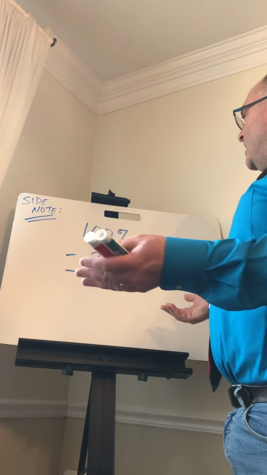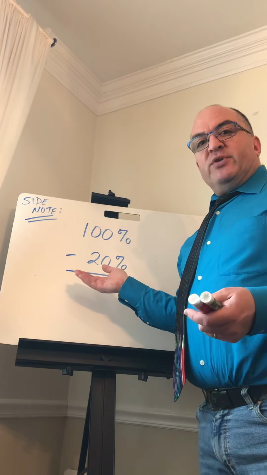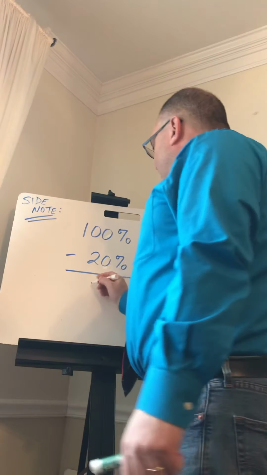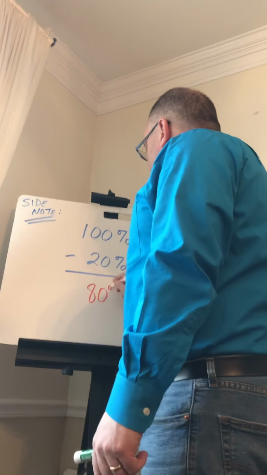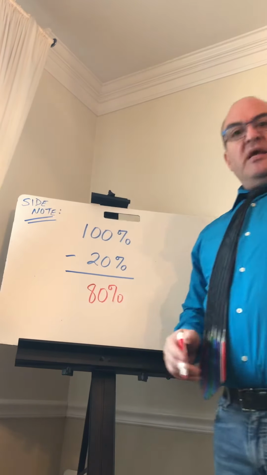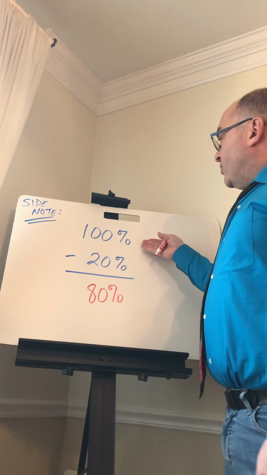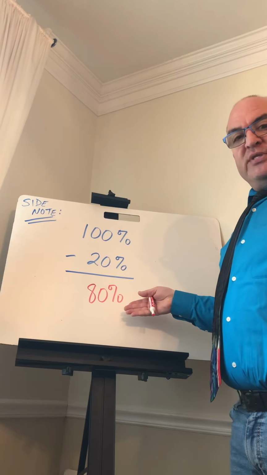Everything is 100%. If you're taking off 20%, would you agree that you are paying 80%? Does that make sense? If it's 20% off, instead of paying 100%, you're now paying 80% of the item.